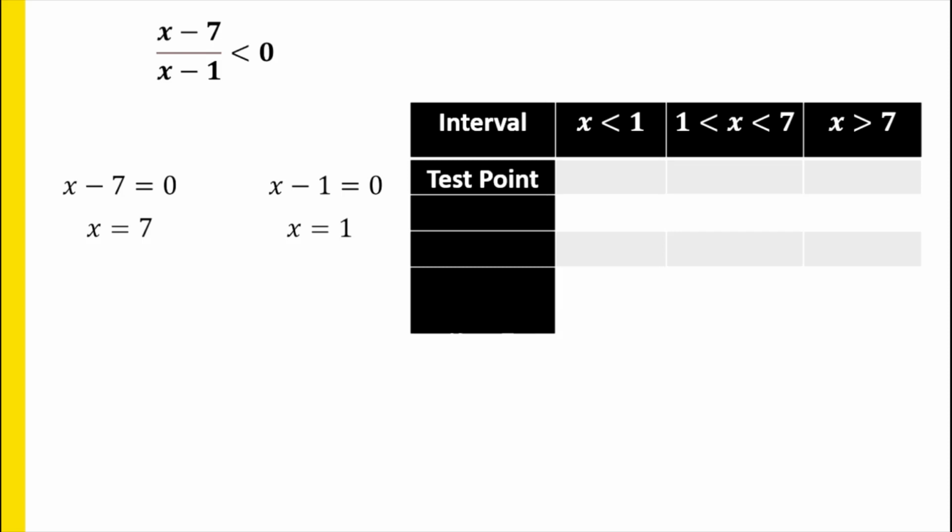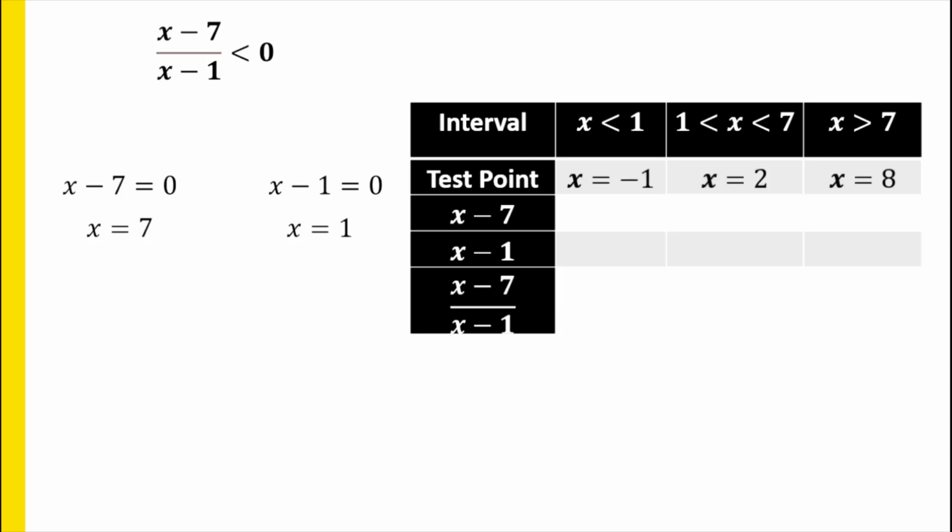So we can use test points for each inequality here. The factors that we will test are x minus 7 and x minus 1, and of course, the whole expression on the left-hand side.